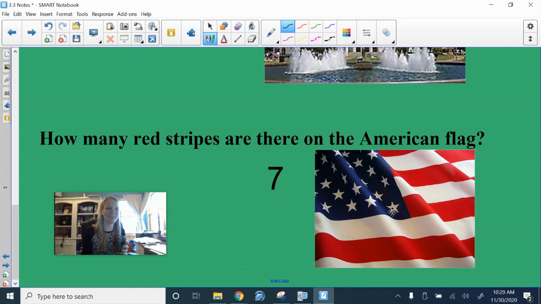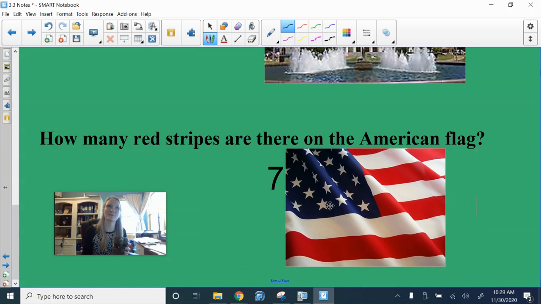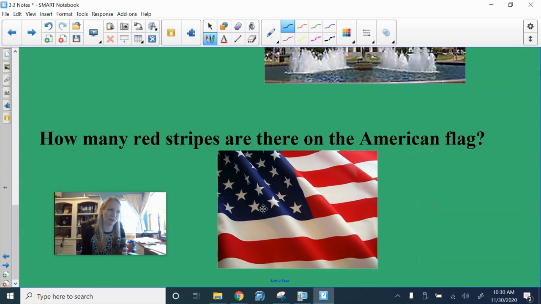I know it adds up to 13 because there are 13 stripes, but I didn't know if the red is the 7 or the blue or the white. It's the red that's the 7. 7 red stripes. I know the 13 stripes stand for the 13 colonies. But there's another special thing, I think the red counts for something and the white counts for something, but I don't remember what.